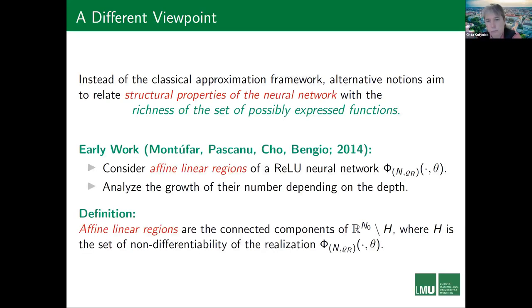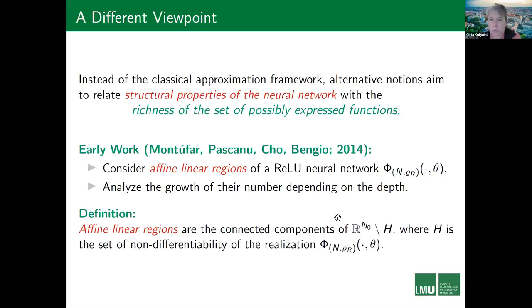I already said, if you have ReLU neural networks, you can identify the affine linear regions the realization is split into, and you can certainly count them. There are various works, in particular by Guido Montúfar, who count the growth of this number depending on the depth.